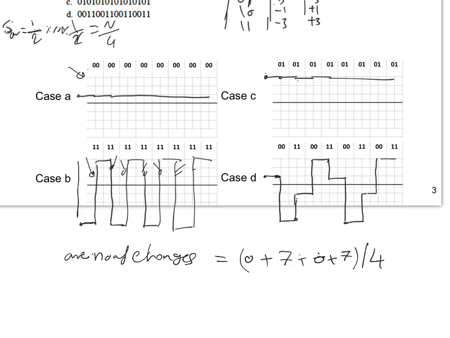So the average overall is to divide by 16. This is the average number of changes per bit. Multiply that by any value of n, and this becomes the number of changes, or the average baud rate. But this is based on these 4 signals only.